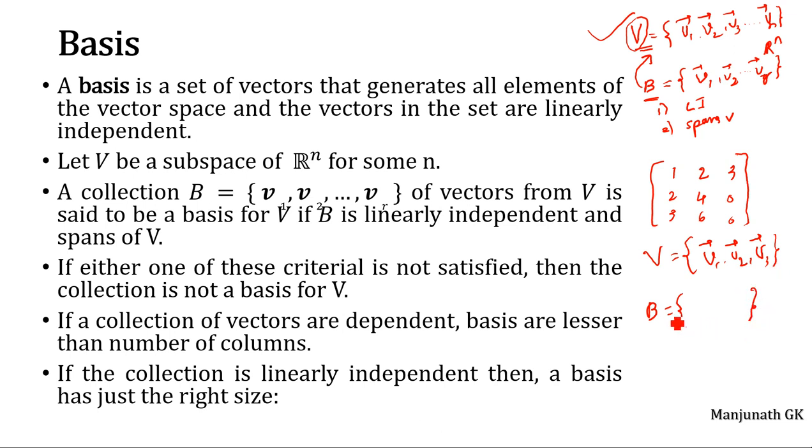If some vectors are written in this set and you want to say that they are a basis for V, they should satisfy two conditions: they are linearly independent and they span V by linear combinations. Vector 2 can be represented using vector 1, so these two vectors are linearly dependent.